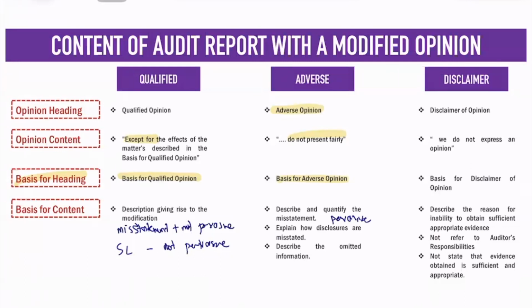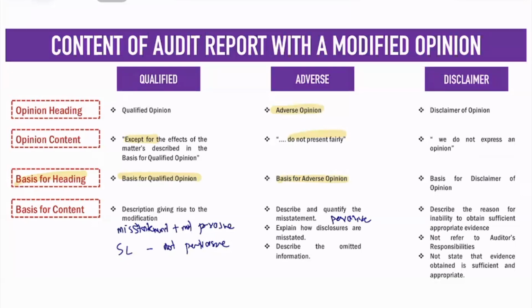And also, you explain how disclosures are misstated if what is misstated is the disclosure. Next, you also describe any omitted information, especially if it is pervasive. So the basis here for adverse opinion, normally the content is the pervasiveness and the material misstatement or the disclosure misstatement or any omission which is considered pervasive.